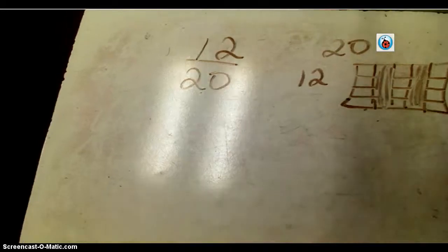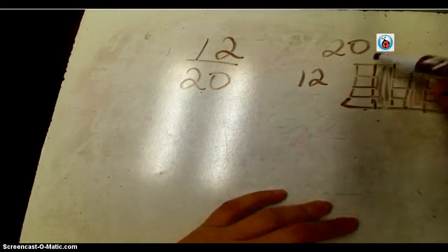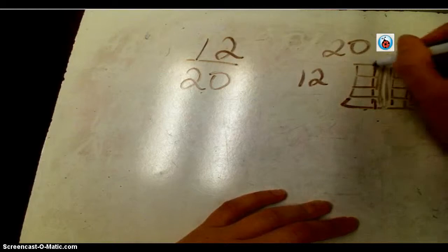You can also look at this in a different way. These are rows of 4 and 5 columns, okay? This is one row.